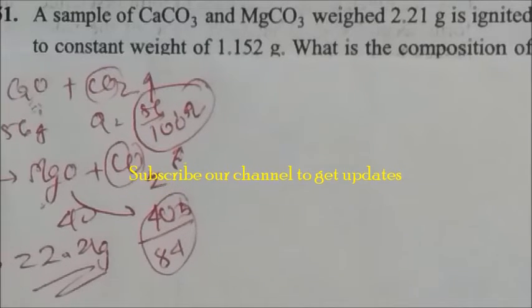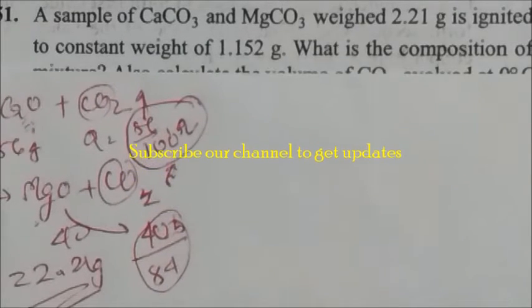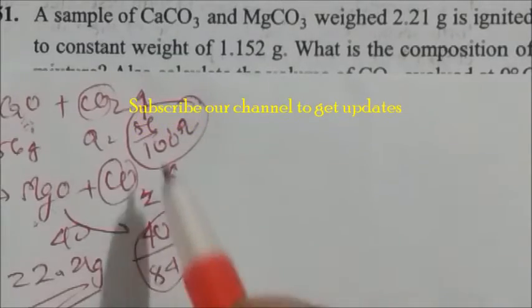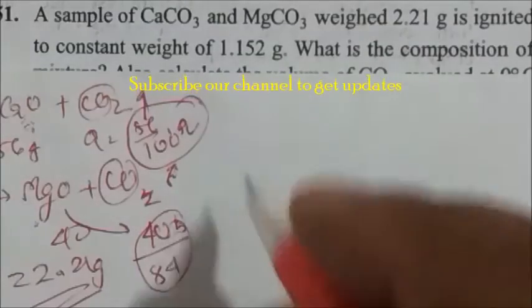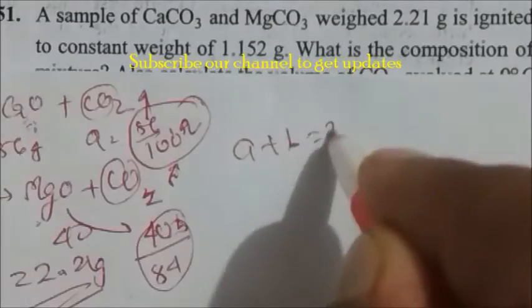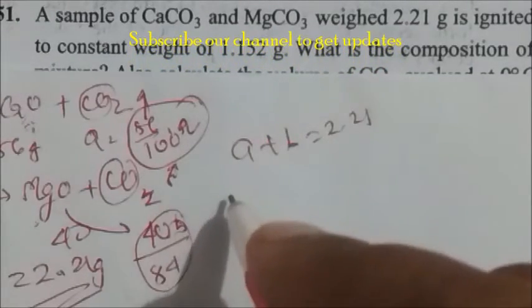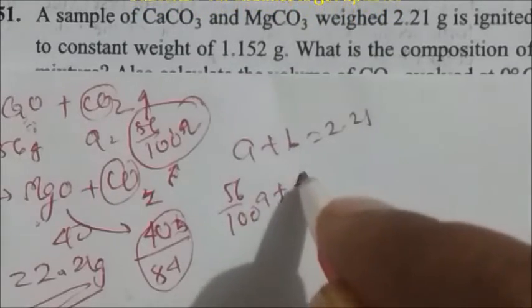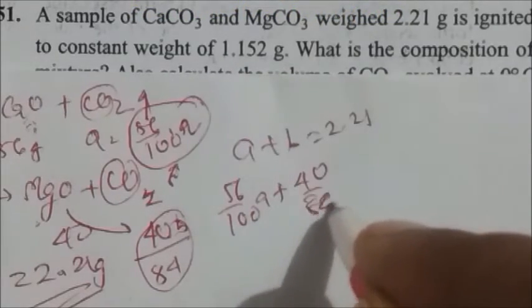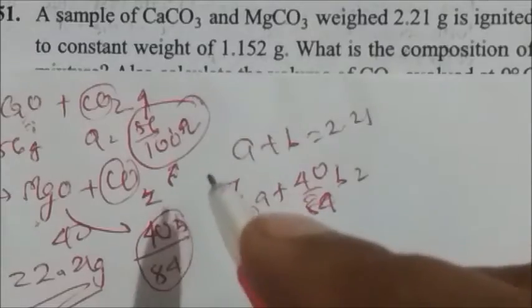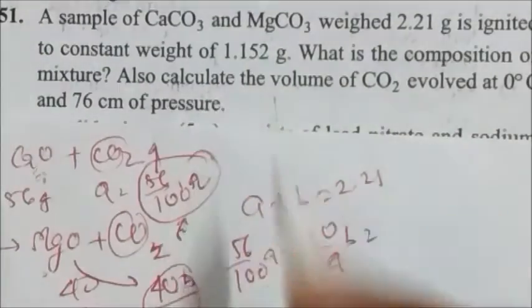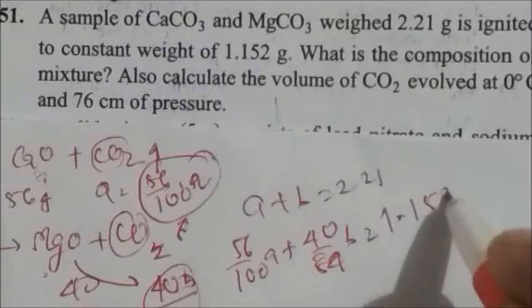So this is the weight of 1.152 gram. So A plus B is 2.21, and 56 by 100 A plus 40 by 84 B will be equal to the loss of weight, which we have already seen, 1.152 gram.